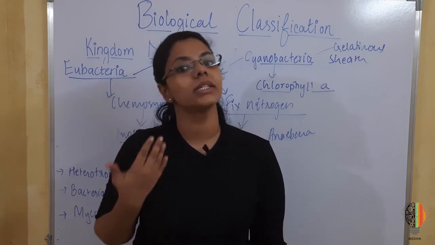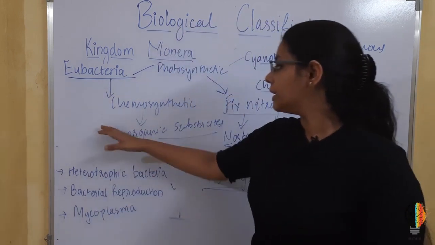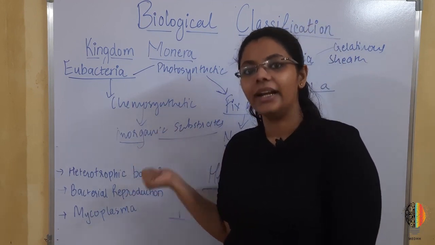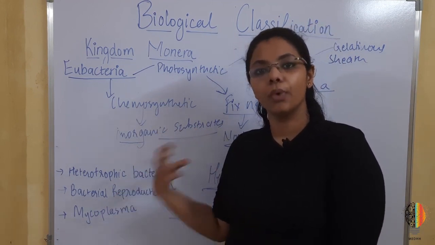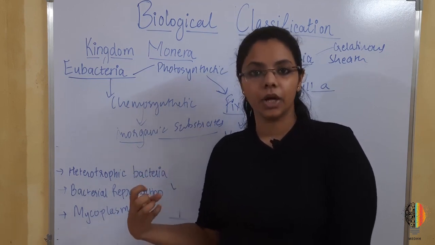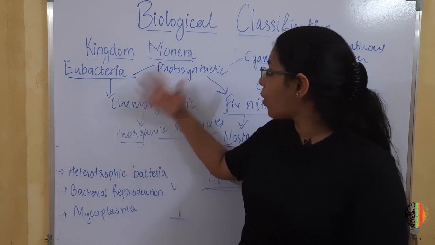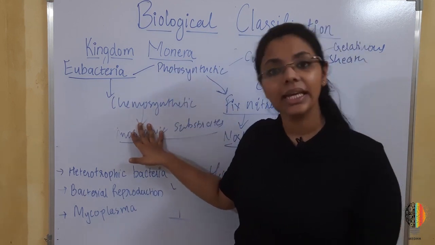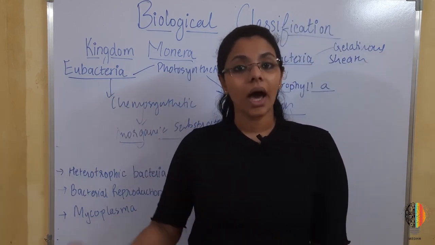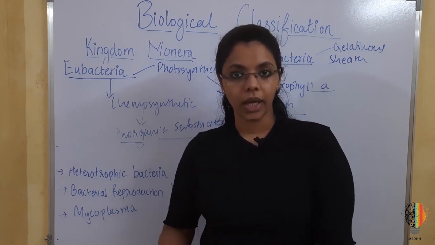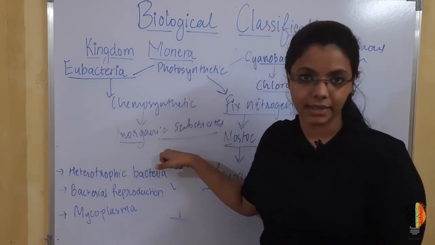What is ATP? It is energy. Okay, they break down this inorganic substrate that could be nitrite or nitrate. All the substrates are broken down and the ATP production takes place for their survival. So here, both in case of photosynthetic and chemosynthetic, they are creating their own food, okay, with various mechanisms.